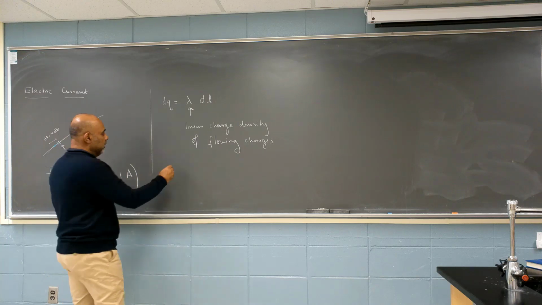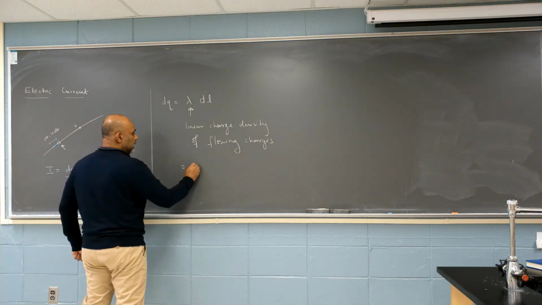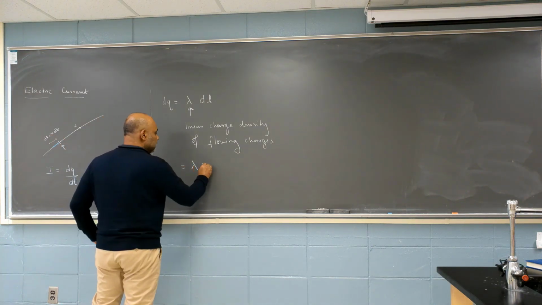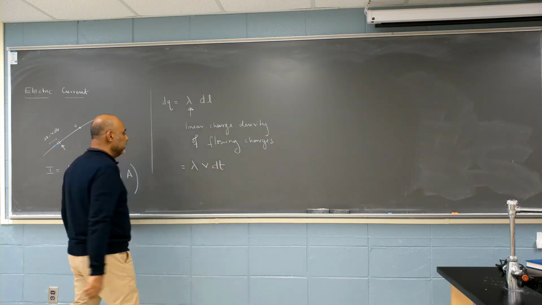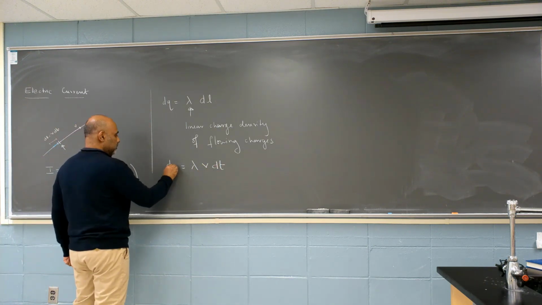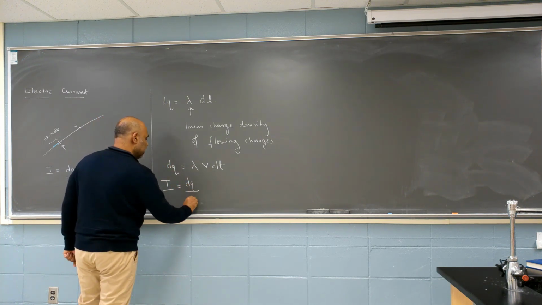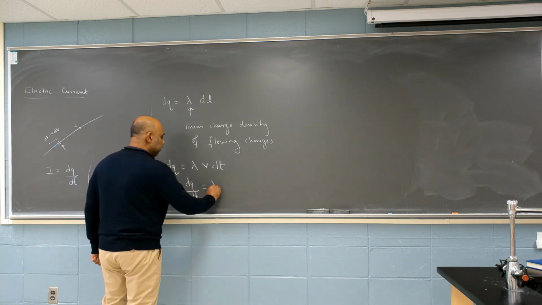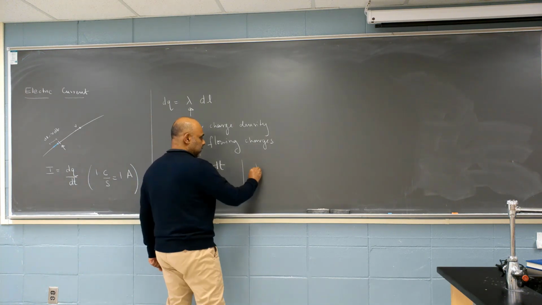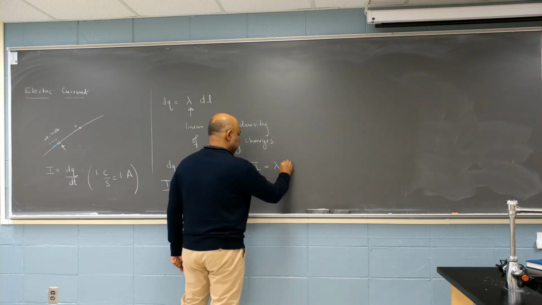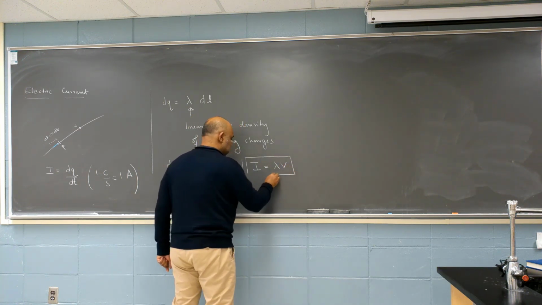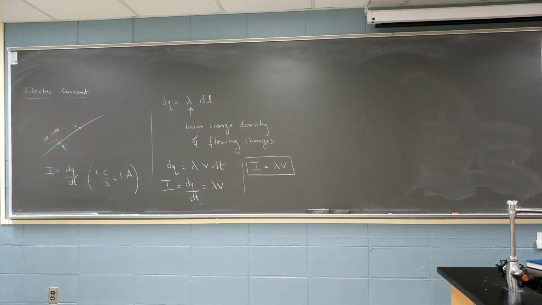Or this can be written as lambda times the velocity times dt. That's dq. Well, current is dq over dt, or lambda v. So let me write that. It's a simple equation. The current flowing in a conducting wire is lambda v, where lambda is the linear charge density of the charges that are free to flow.